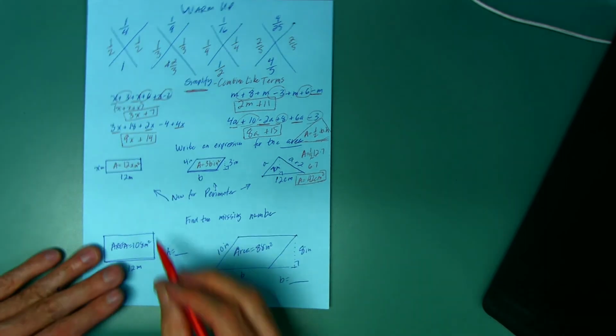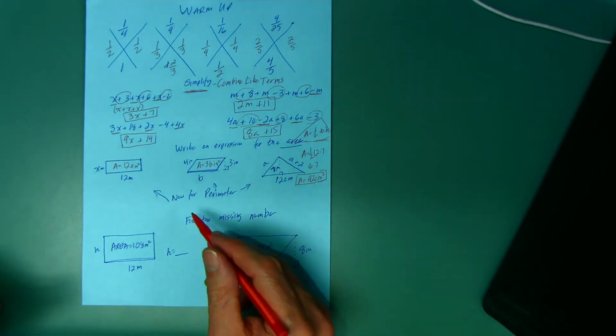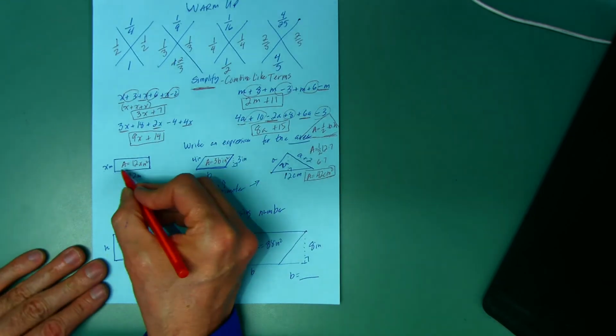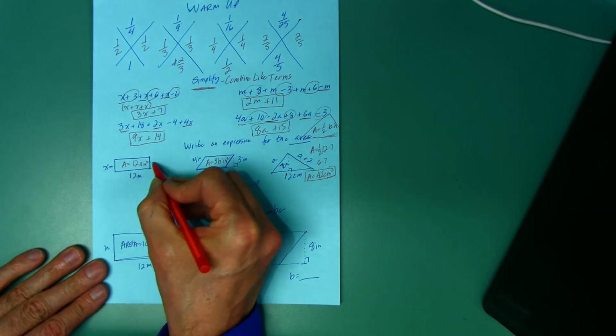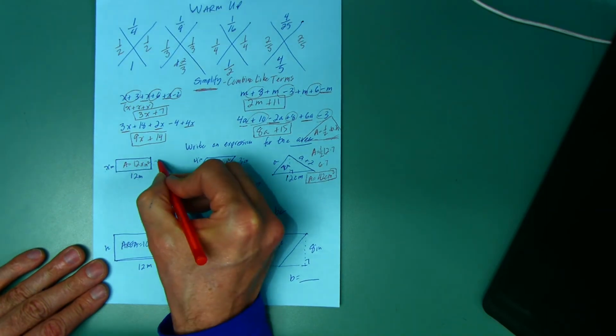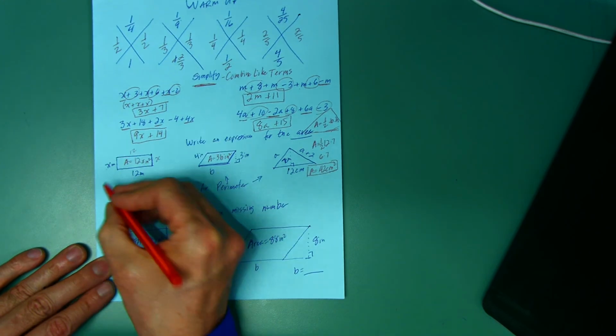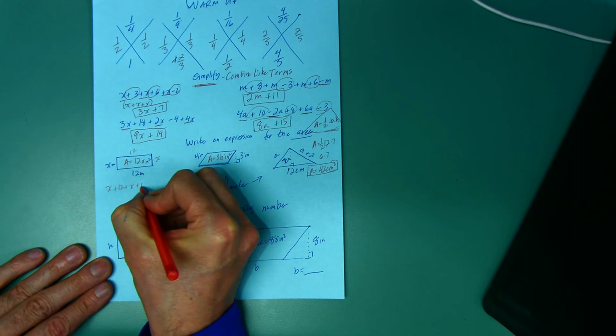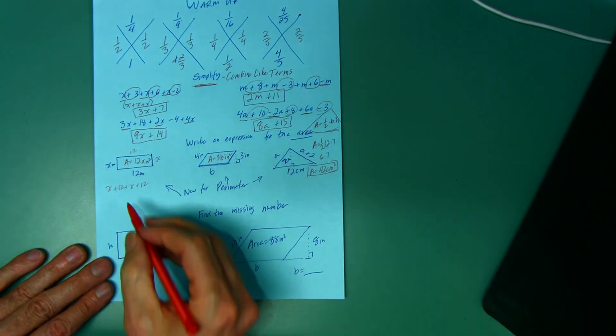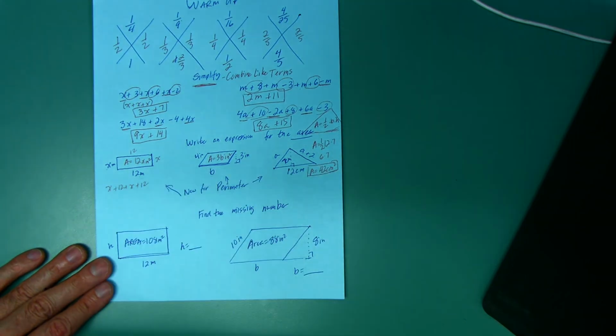Now in this bottom half, we're going to do the perimeter for each of these. Now the perimeter for rectangle is x plus 12, but I got to go all the way around, plus another x, plus another 12. X plus 12 plus x plus 12. Let's go combine like terms. The two x's together.